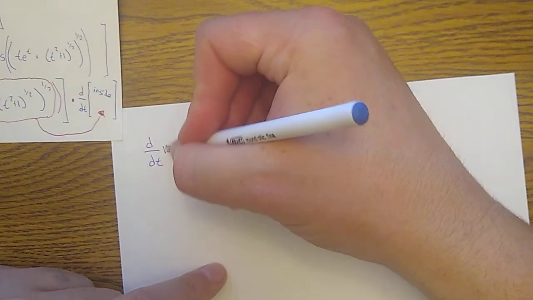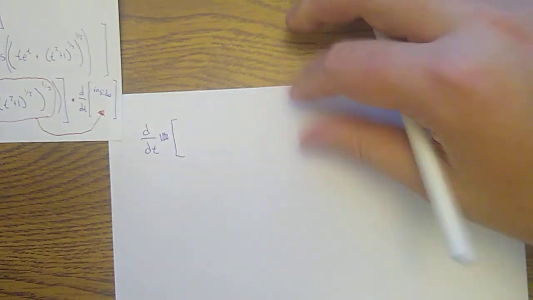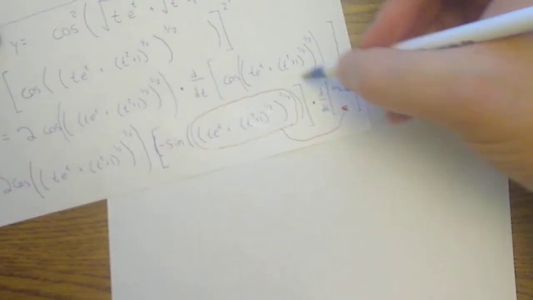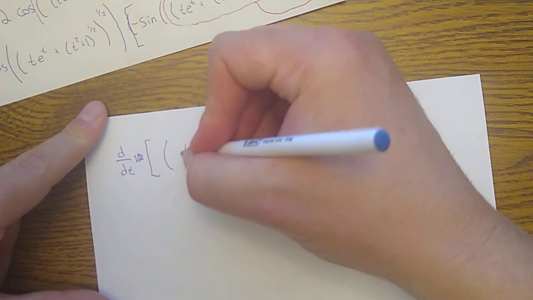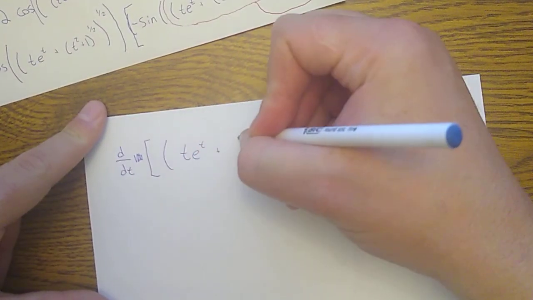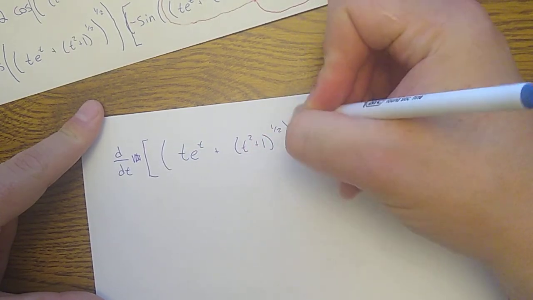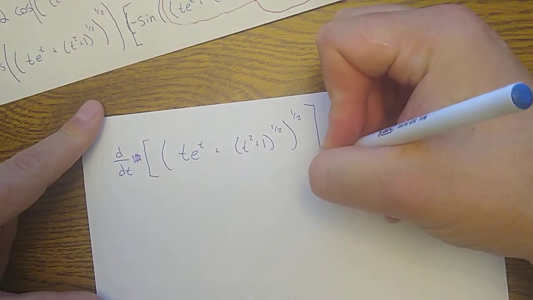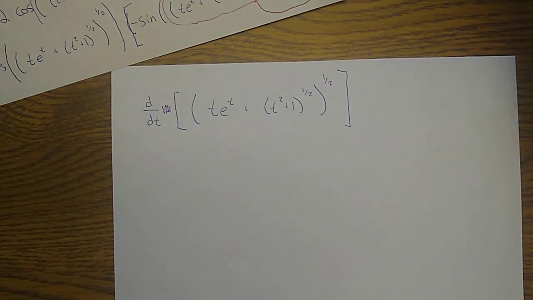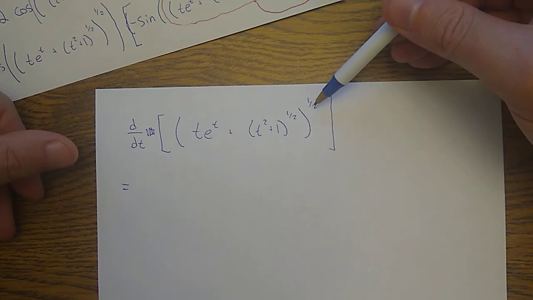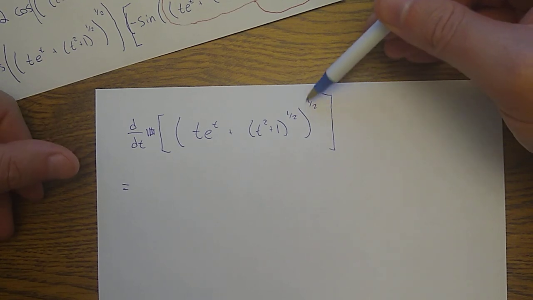So what am I doing the derivative of? Again, it's this thing in the red circle. It's t e to the t plus t squared plus 1 to the 1/2 to the 1/2. I would say now that the outside function is this 1/2 power.